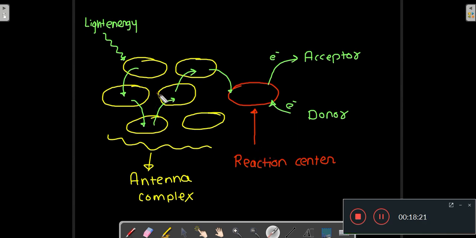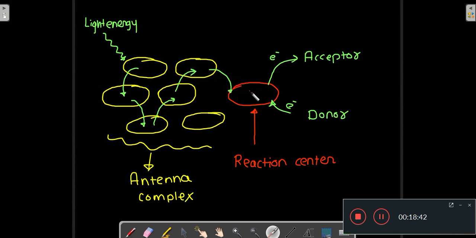The light energy comes and is accepted by one of the chlorophylls of the antenna complex, and then that light energy is transferred to another chlorophyll molecule, and then to another, and finally it reaches the chlorophyll of the reaction center.